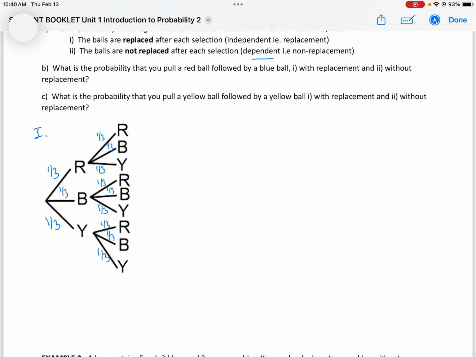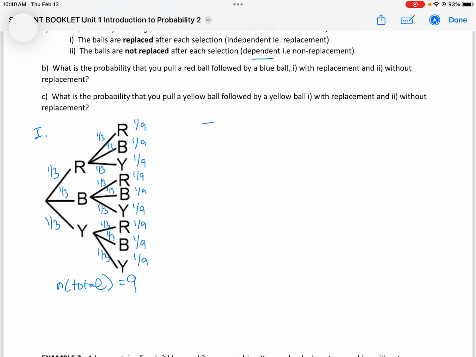The total number of ways here is 1, 2, 3, 4, 5, 6, 7, 8, 9. 1/3 times 1/3 is 1/9. So each of these outcomes has a 1/9 probability of happening. Okay, so we've seen that already.